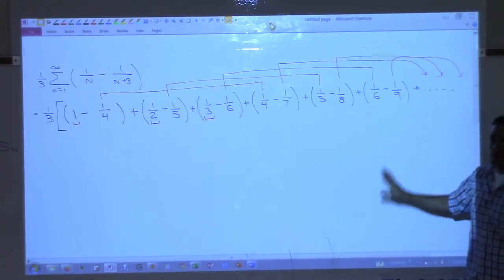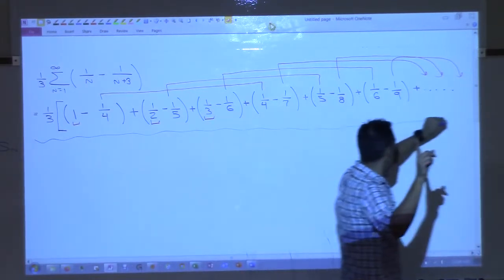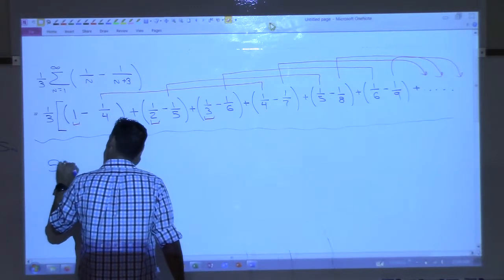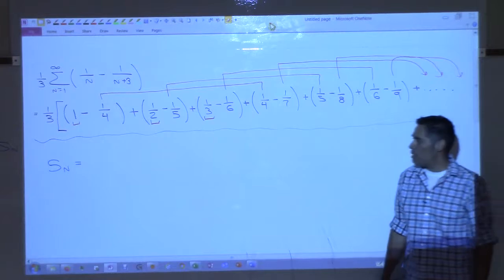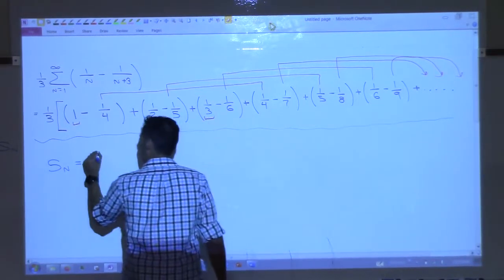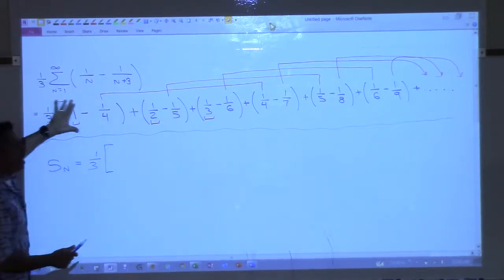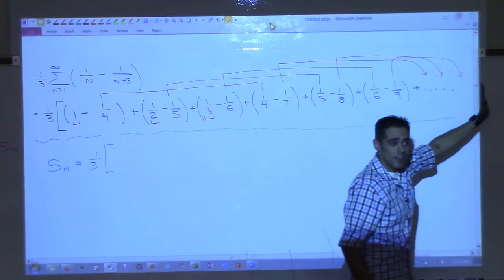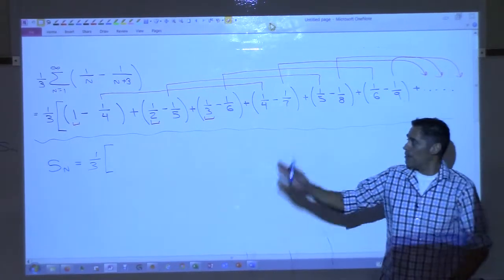So right now I'm going to stop, realize I've established a pattern, and write down what the nth partial sum of this series is. It's this right here, but actually stopping at n.